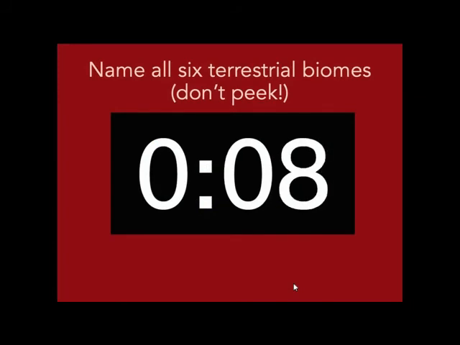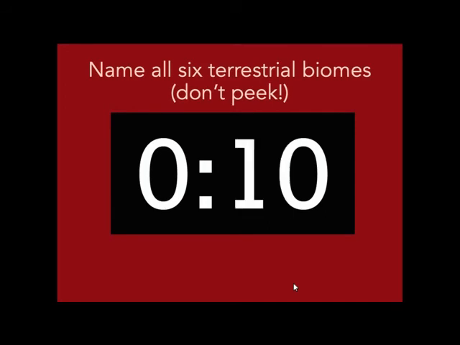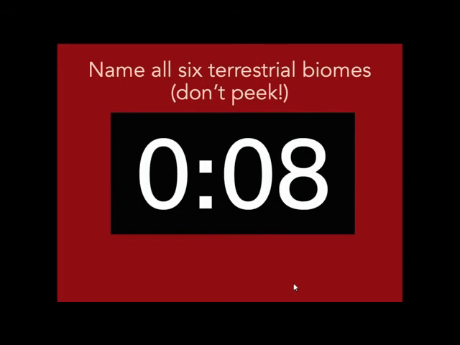All right, name all 6 terrestrial biomes. Arctic tundra. Yeah, what else? Boreal forest. Yeah. Tropical rainforest. Yeah. Temperate rainforest. Yeah. I lost track of how many we have. Which ones didn't we do? Did you do the taiga? Yeah, we did the boreal forest. Which one did we miss? Deserts. Yeah, you missed deserts. Did we do them all?